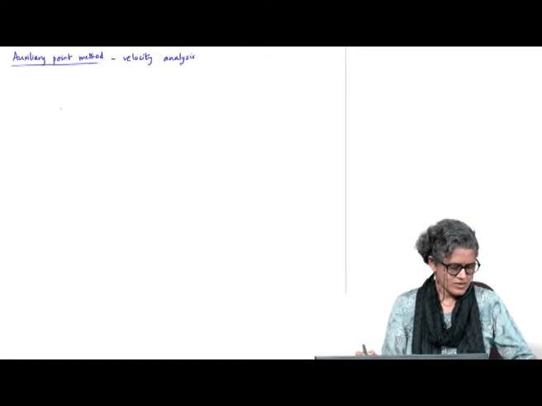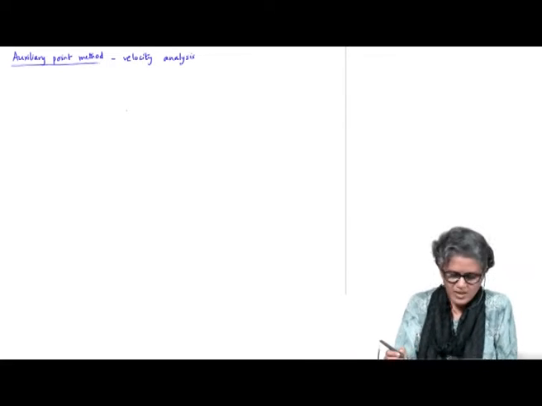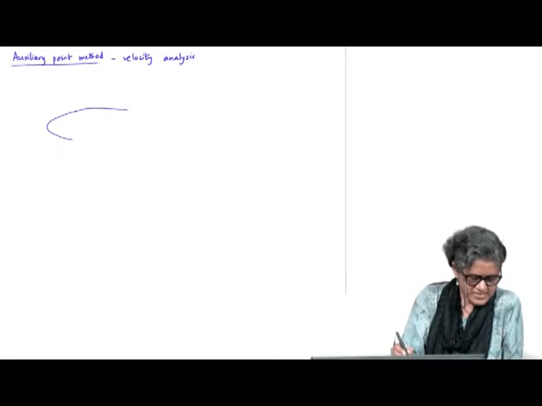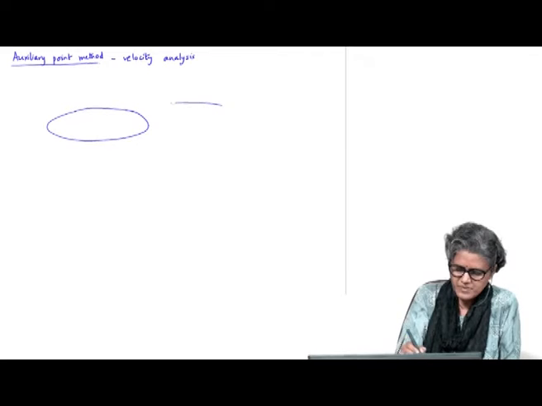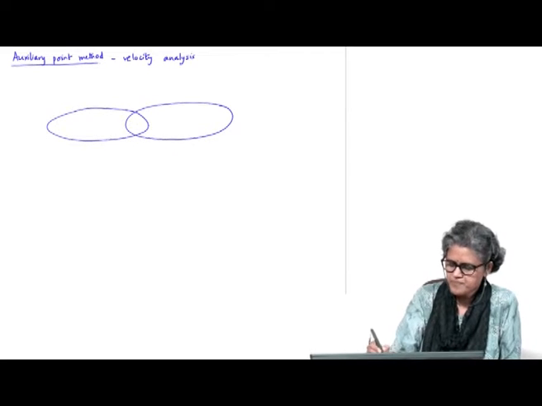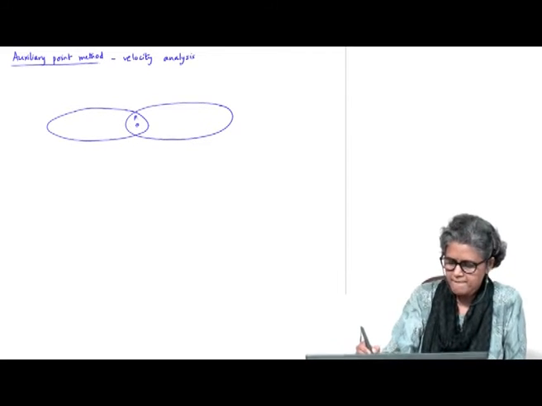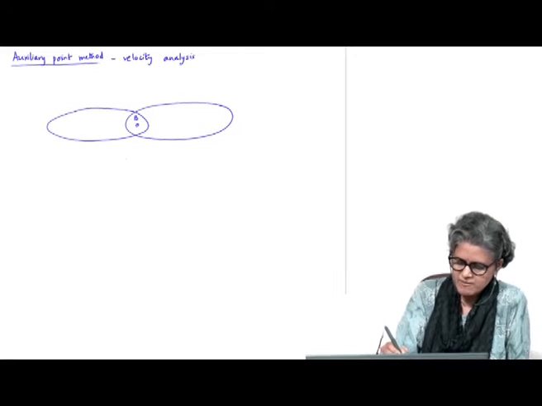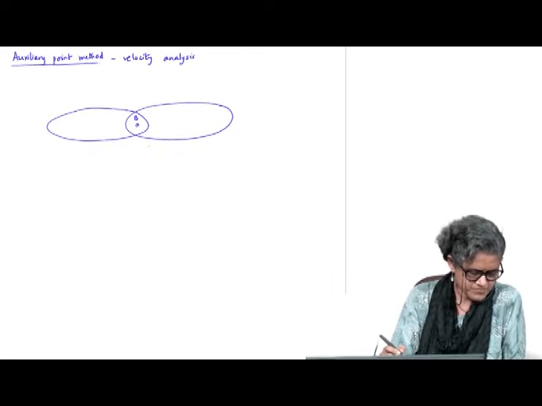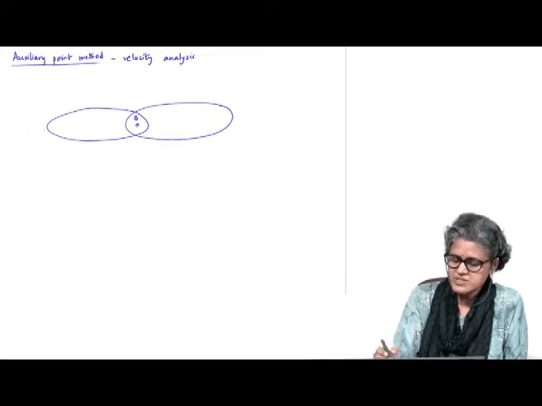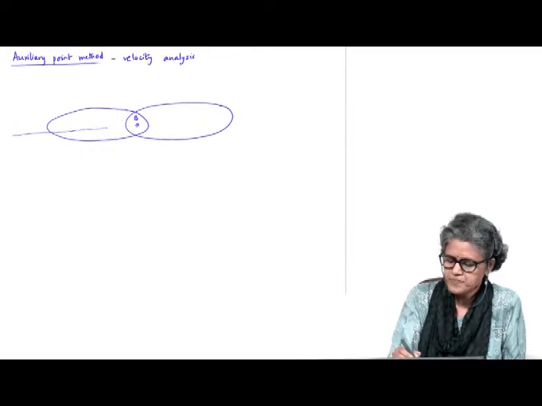Okay, so suppose you have two links that are connected by a revolute joint, right? Which is what we encounter all the time. It's based on this basic principle.